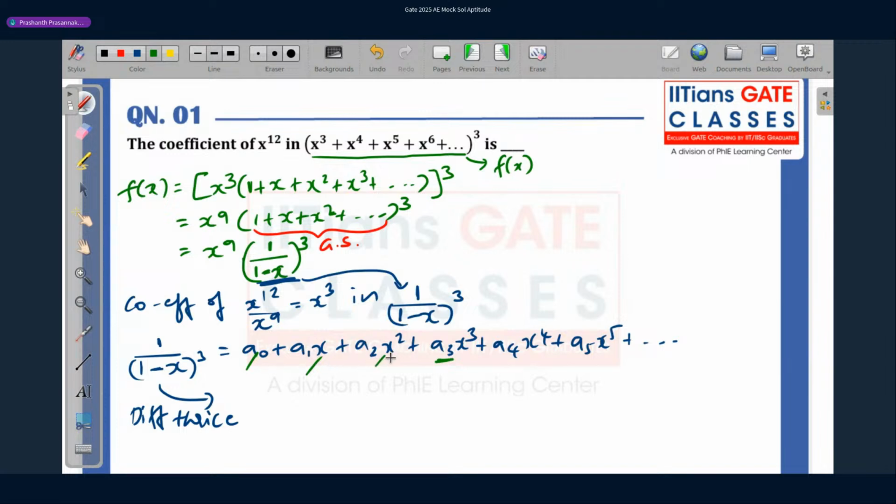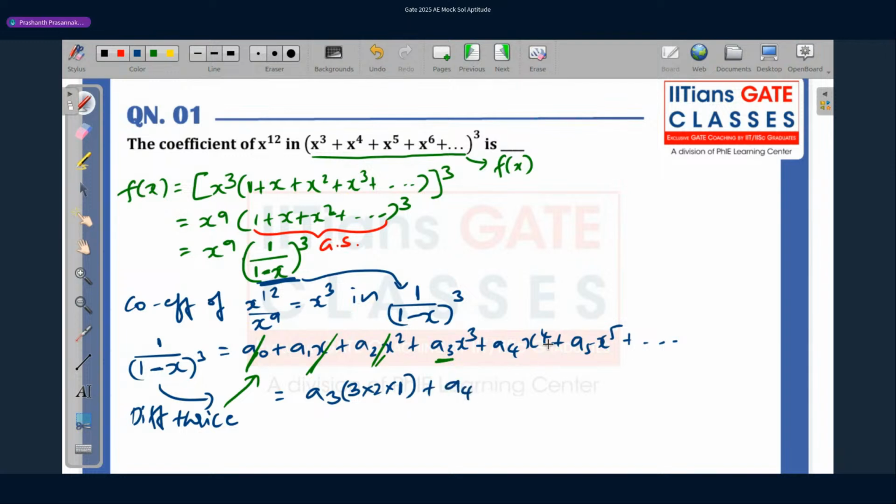For a2x squared, the third derivative will go to 0. Only this a3 will remain. So let me mark that after differentiating thrice, it's going to come to a3 will be there. And the third derivative of x cube is going to be 3 into 2 into 1. So 3 factorial is also there.